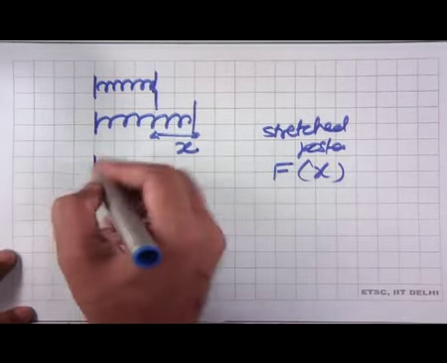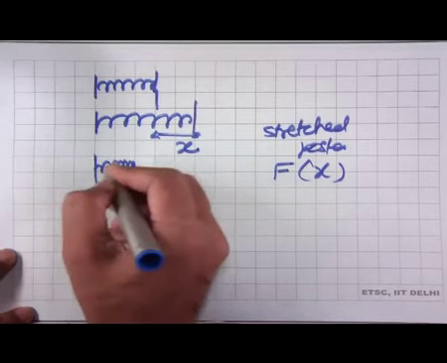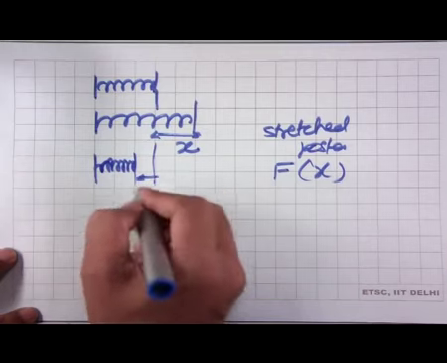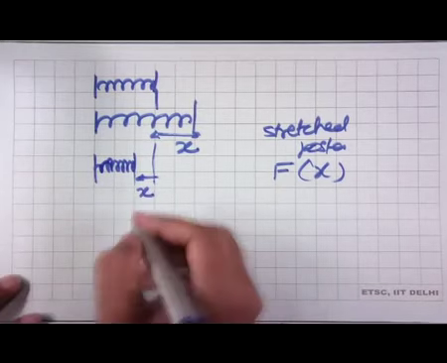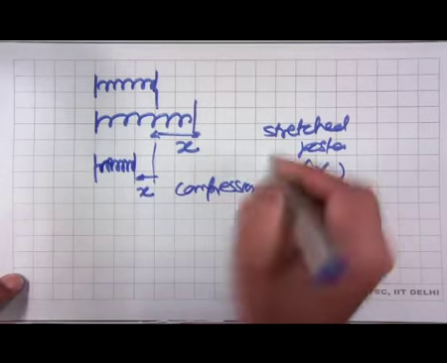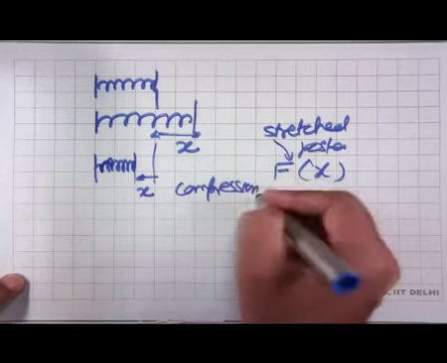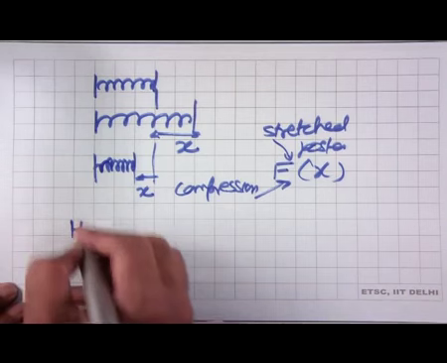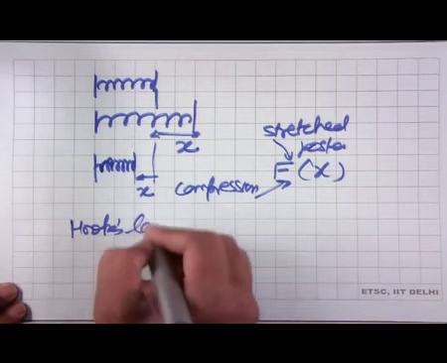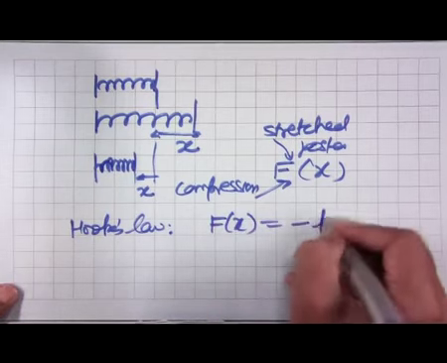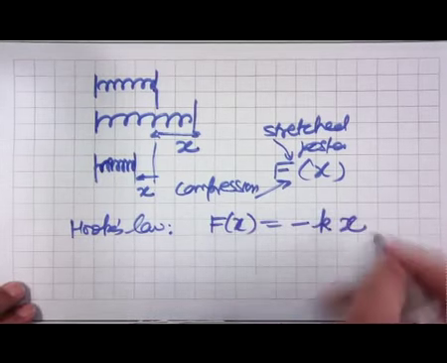And similarly, if I compress the spring, so now this is compression, so x is negative. In both these cases, whether I stretch the spring or compress the spring, a force F is applied. And by Hooke's law, the force on the spring is given as minus kx.